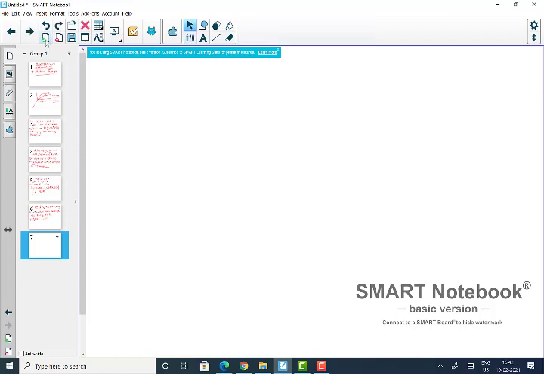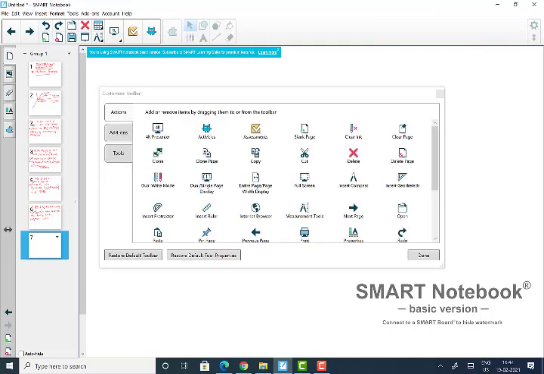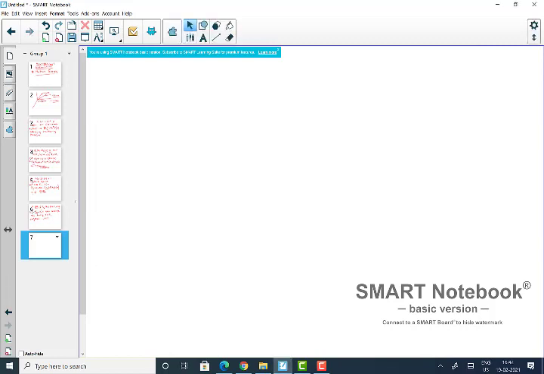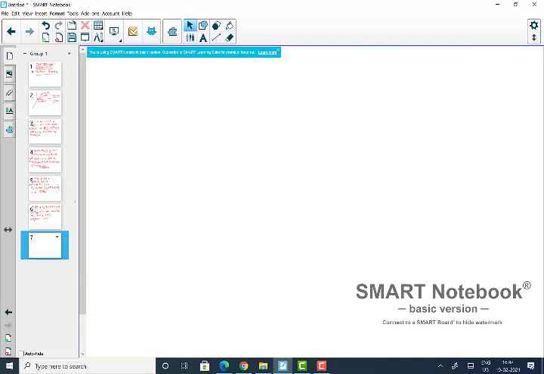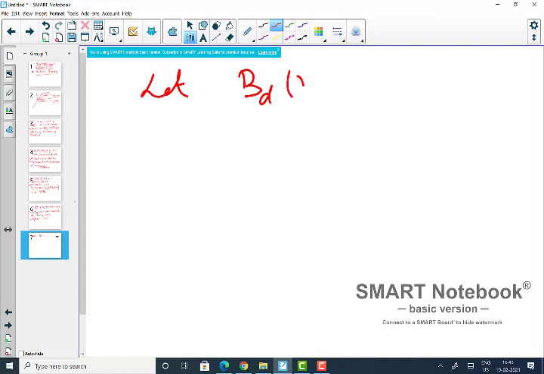Okay, so the second property, property number 2: what is happening? You choose, for example, any open ball B_d(x, epsilon).